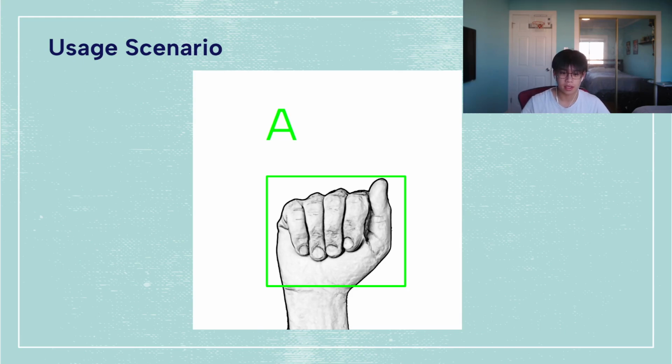Use a scenario. This is just an example of how it may look in our app. A person gives a sign, and then the computer will detect whatever they're doing. There are a lot of use cases for this, so let's go back to our game. Let's say this is homework for a student. The teacher assigns it and says, I want you to hit a score of 5,000 in this game where a word is given, maybe 4 or 5 letters, you don't want it to be too much, and then have them spell it out by having a counter that goes 3 seconds, and then after that, it'll record whatever letter you're doing.